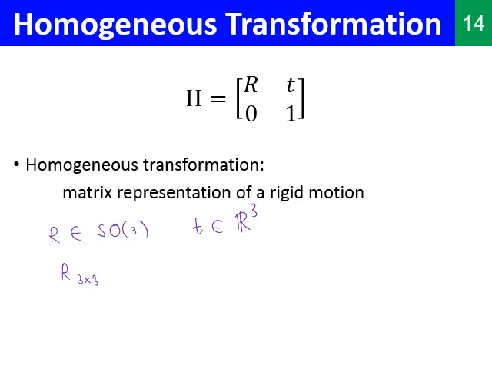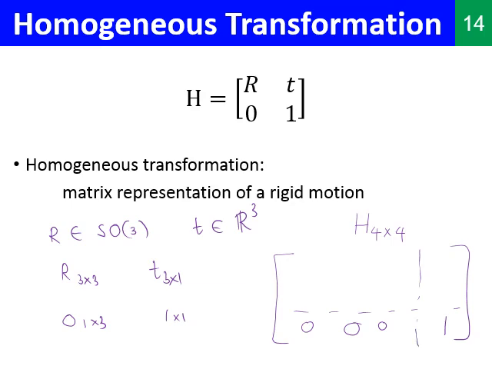Okay, so here we have a 3 by 1 vector, and we have a 0 vector here and a 1. Right? So the resulting homogeneous transformation matrix is a 4 by 4 matrix. Okay, so we have zeros here, a 1 here, and here we have the usual rotation matrix, right? R11, R12, R13, R21, R22, R23, R31, R32, R33, and here we have the translation part.